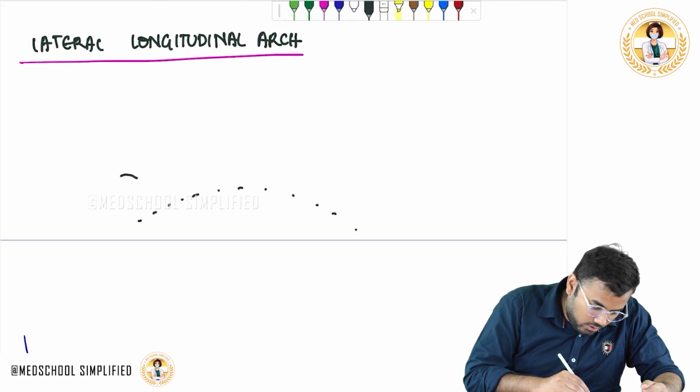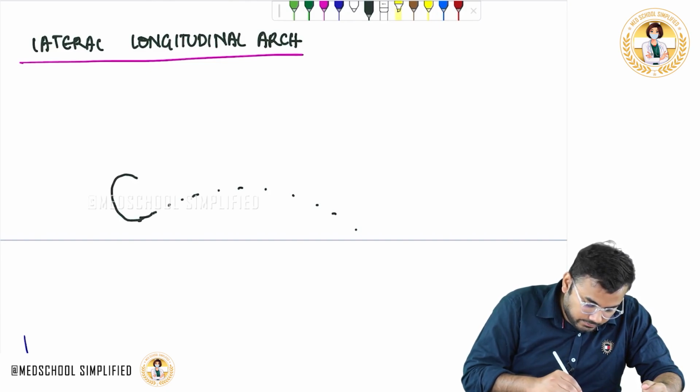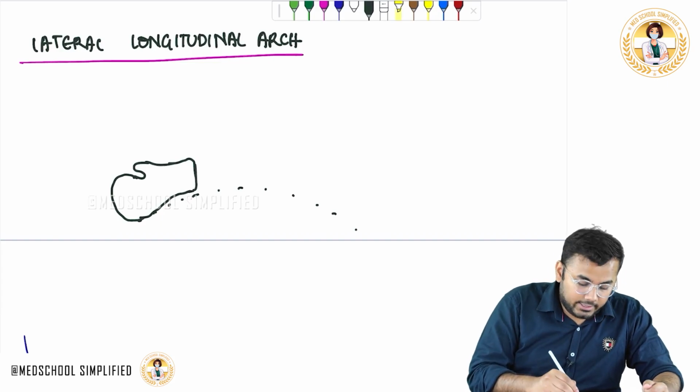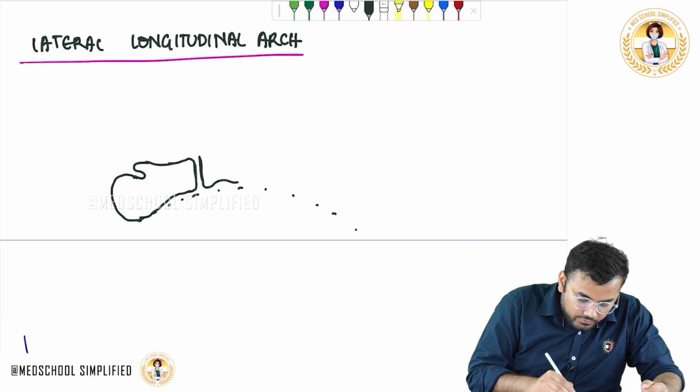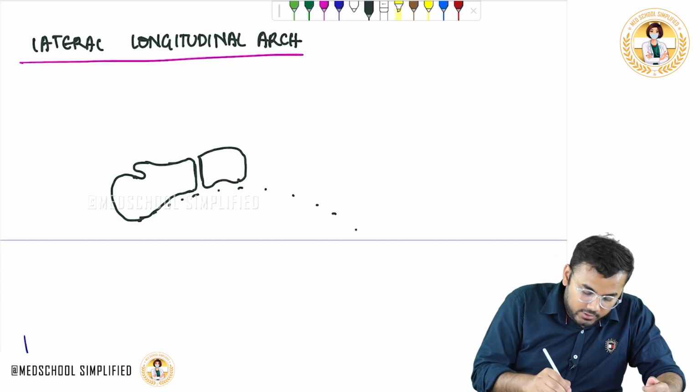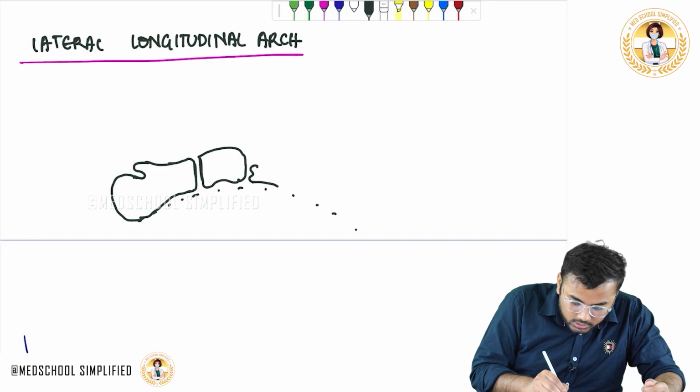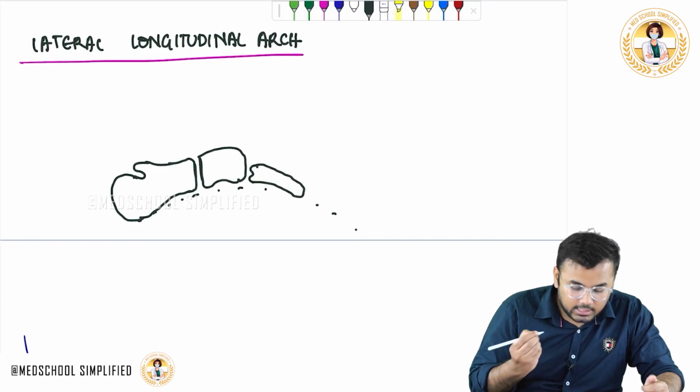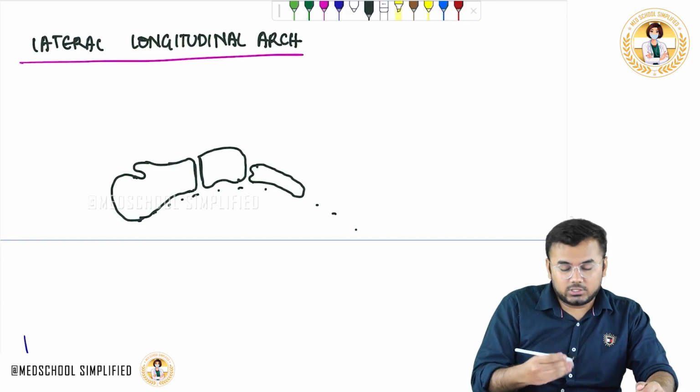Here you have your calcaneus, and after this you have this part over here. This is your cuboid bone, and after the cuboid bone here you have this metatarsal. This is called the fifth, because it is lateral, right?